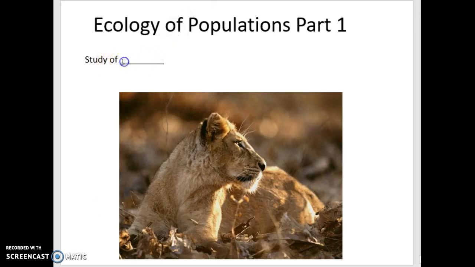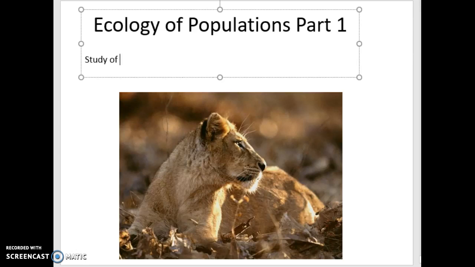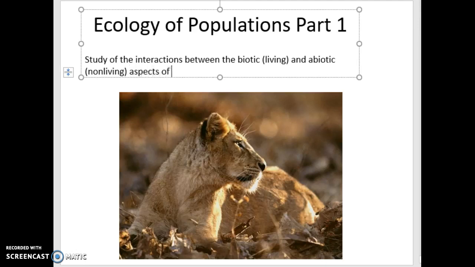So first of all, let's talk about what is ecology. When you hear that term, ecology is the study of the interactions between the biotic, this is living, and abiotic, this is non-living, aspects of an environment.